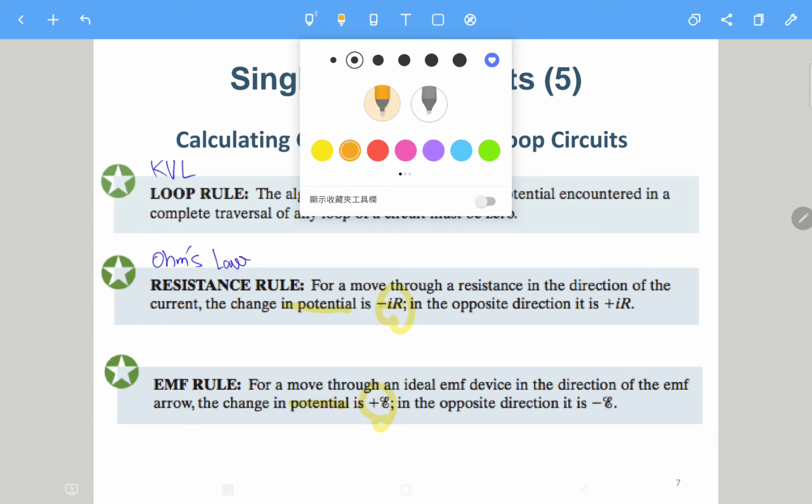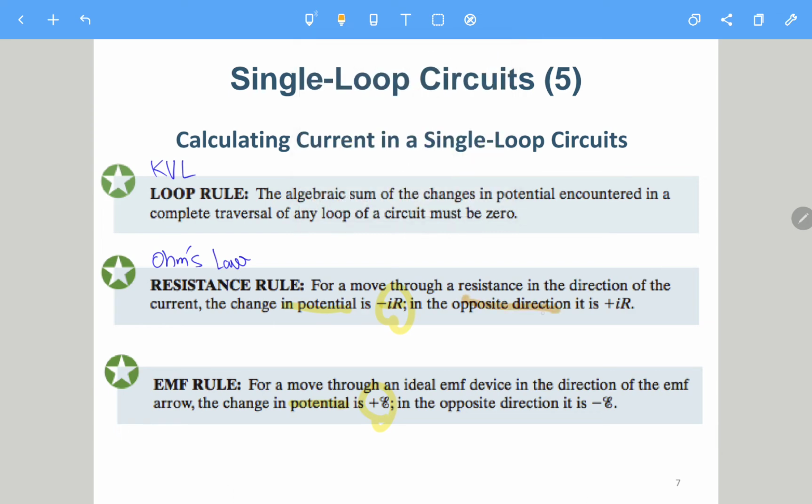In the opposite direction, the resistance gives plus and the EMF gives negative. So the signs of the resistance rule and the EMF rule are opposite to each other. Okay, so you can do more practice, and then you will not make mistakes with the plus or minus sign.